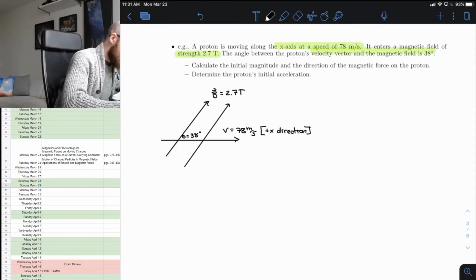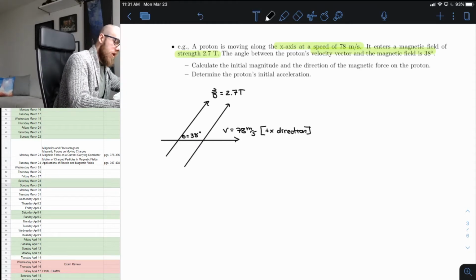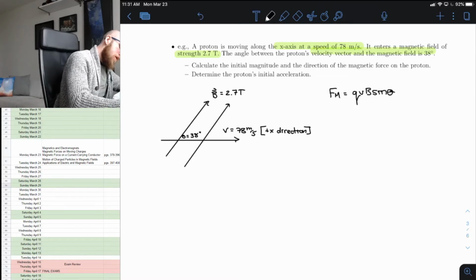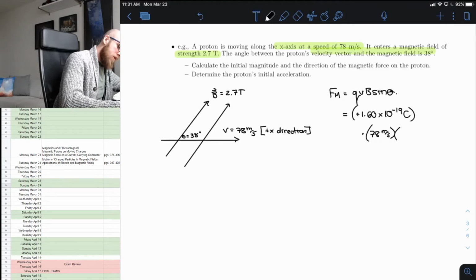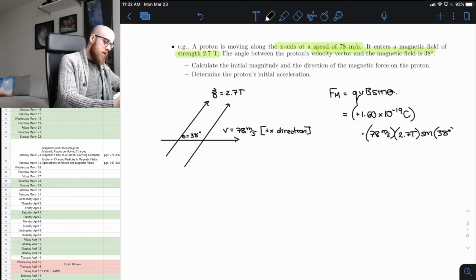Let's first calculate the magnitude of the magnetic force. The magnetic force is given by QVB sine theta. The charge this time is positive, because it's a proton, so positive 1.60 times 10 to the negative 19 coulombs, times the speed, 78 meters per second, times the magnetic field strength, 2.7 Teslas, times sine of the angle between the field and the velocity, 38 degrees.